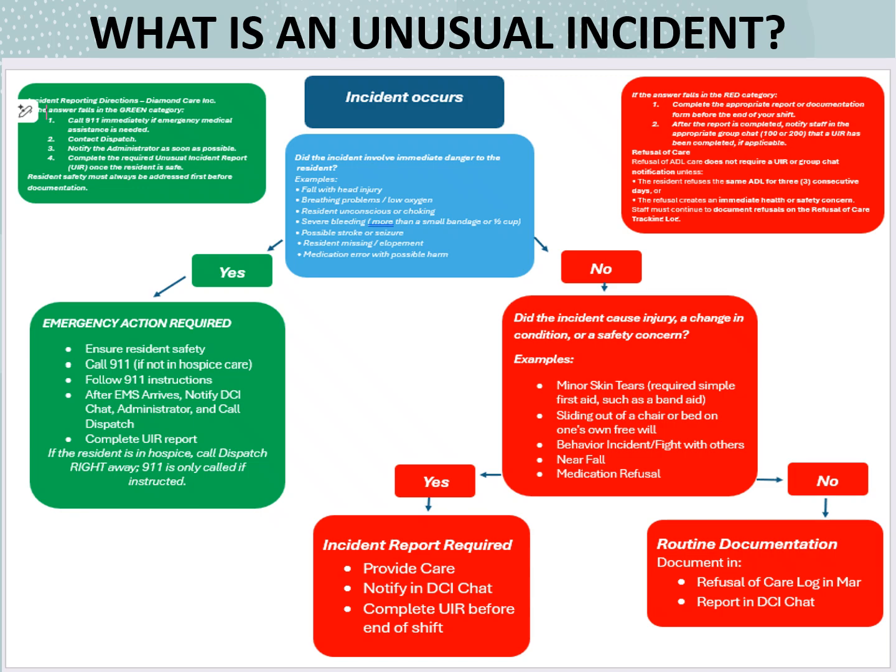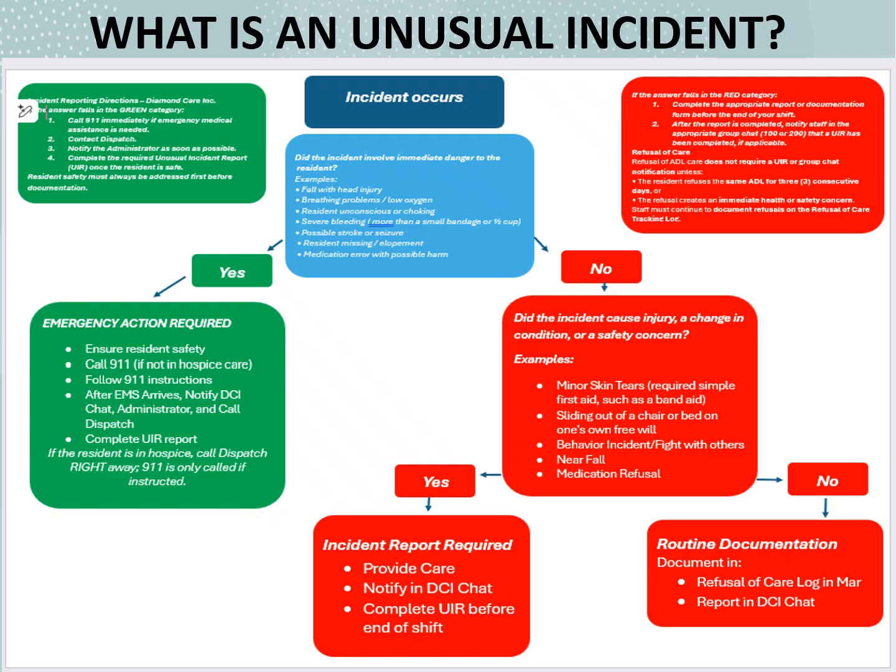So remember, once again, if the client is on hospice services, instead of picking up the phone and dialing 911 right away, you're going to pick up the phone and call dispatch, okay? And then you're going to call 911 if you're instructed to do so, okay? Because there are some reasons why, if somebody's on hospice, we still might call 911.